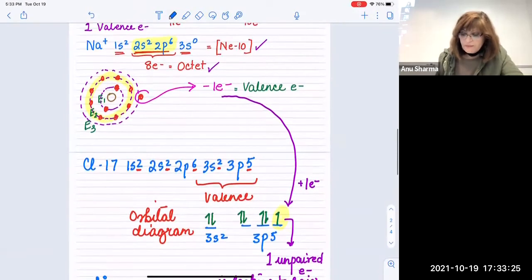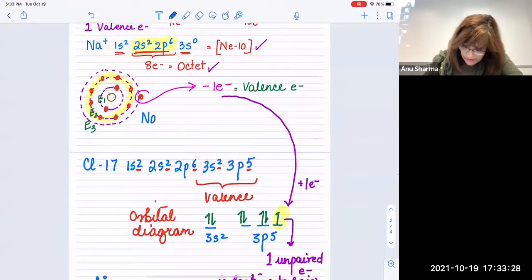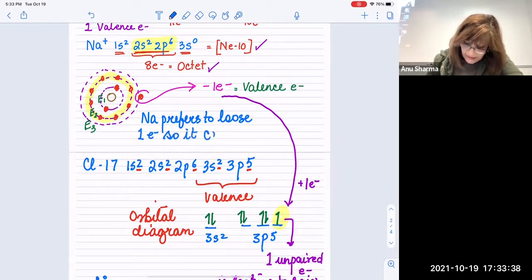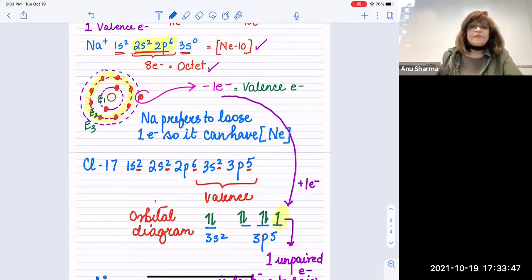So chlorine prefers to get 1 more electron so that it can look like argon. But sodium prefers to lose 1 electron so it can have an electronic configuration similar to neon. So we show this in square brackets, okay, neon-like configuration.